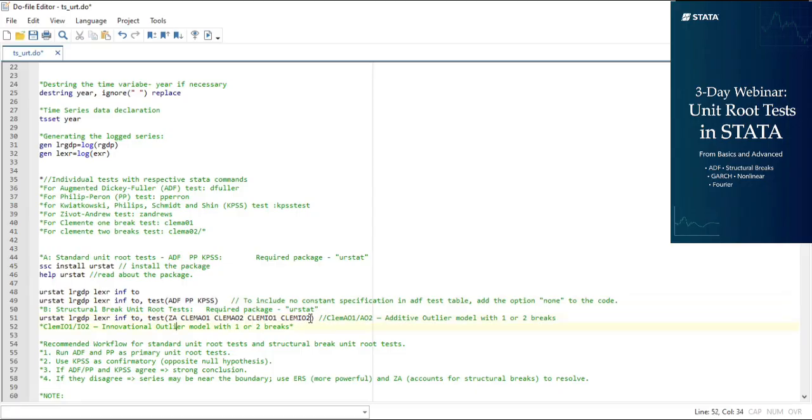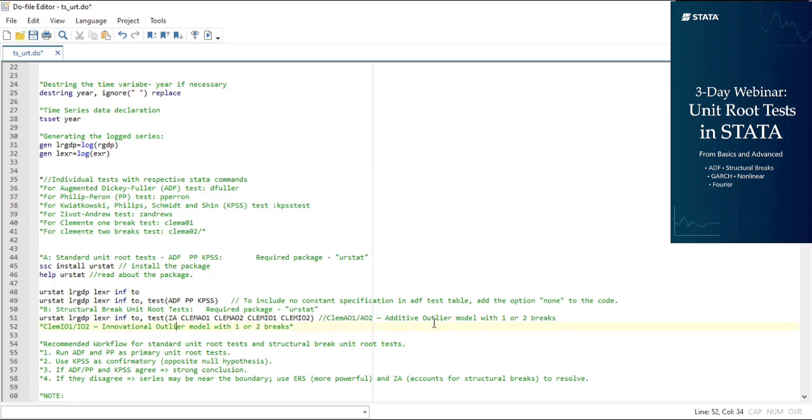Now these are the structural break tests we are going to run. So we have ZA, we have Clemente IO1, IO2, AO1, AO2. The IO here, we have 2 versions, like I think I've explained here. We have innovational outlier, then we have additive outlier.